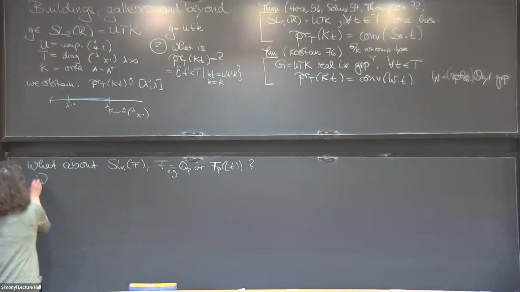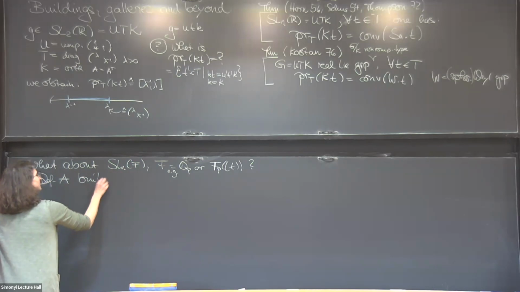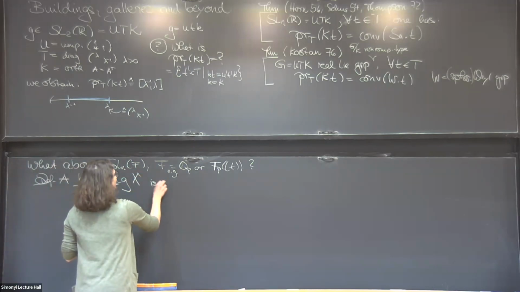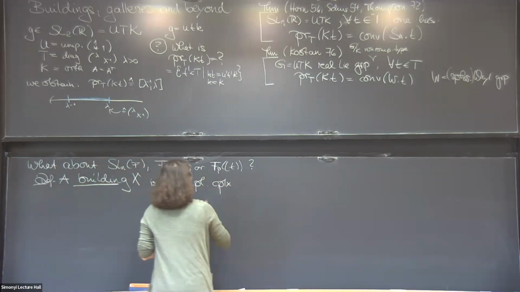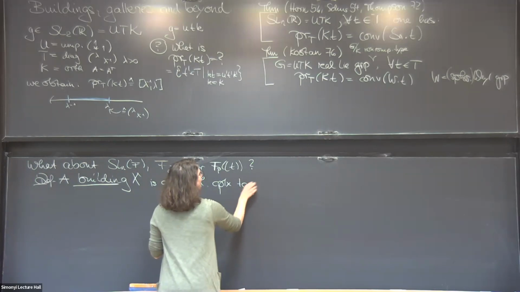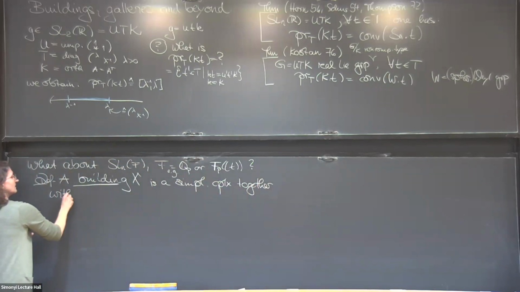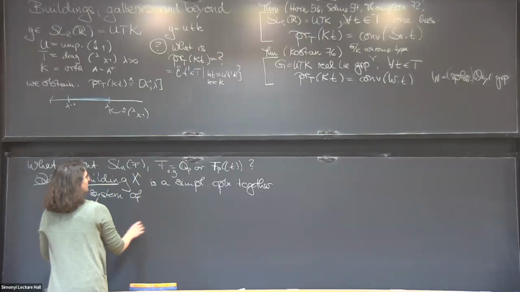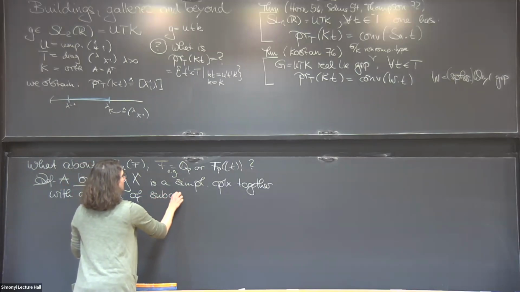Okay, so definition. A building is a simplicial complex X together with a system of apartments, which is a system of subcomplexes.